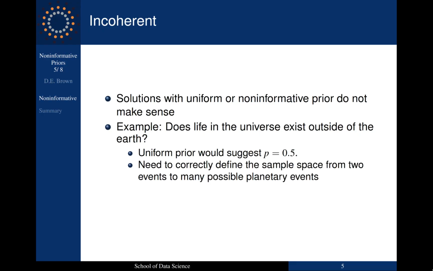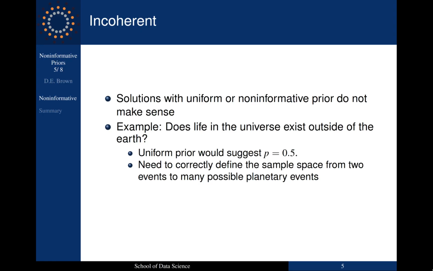And why do we think that? Well, if you start with a uniform prior, you have to get it over the correct sample space. So this is an issue of correctly defining the sample space. Instead of looking at the sample space as a binary, 0 or 1, life either exists outside the Earth or it doesn't, a better representation of that sample space is planetary events.